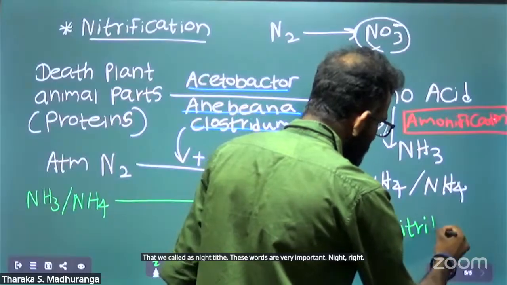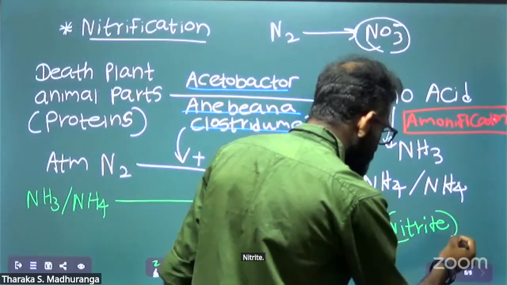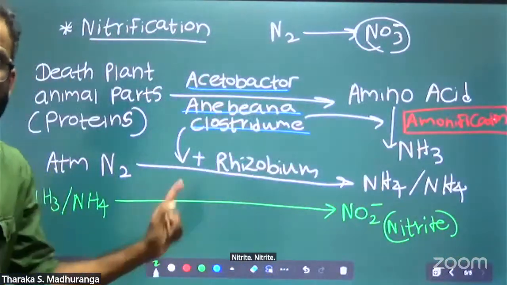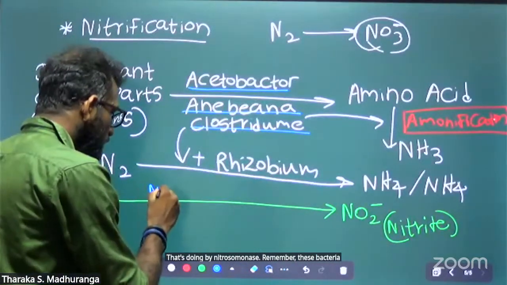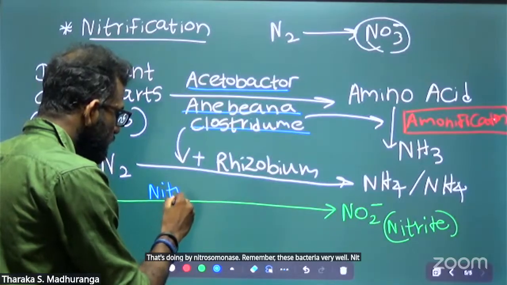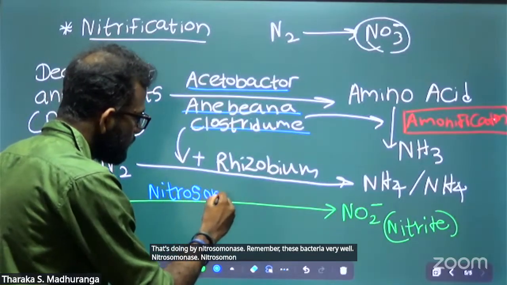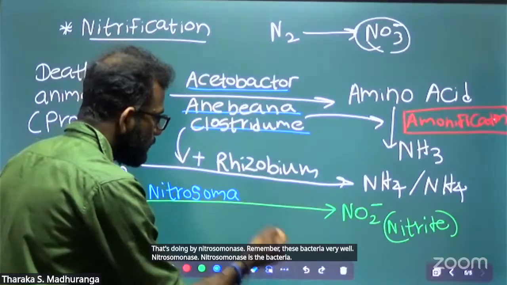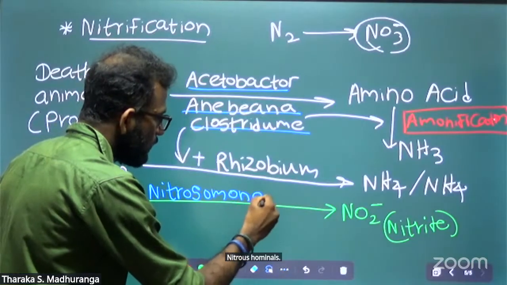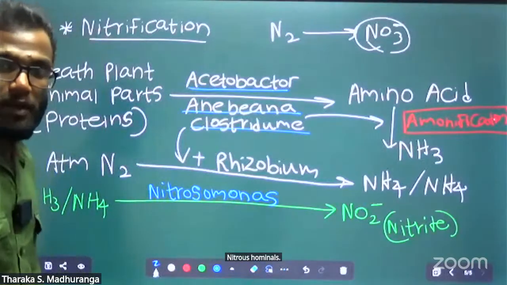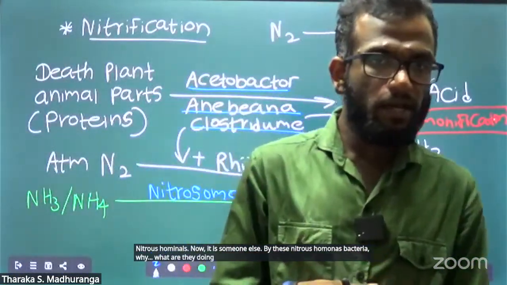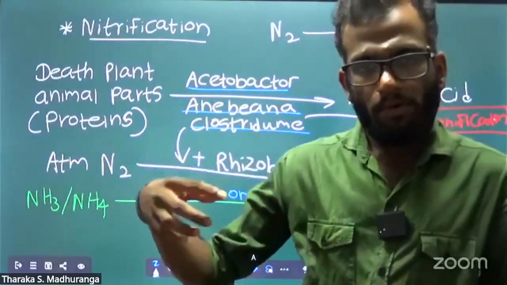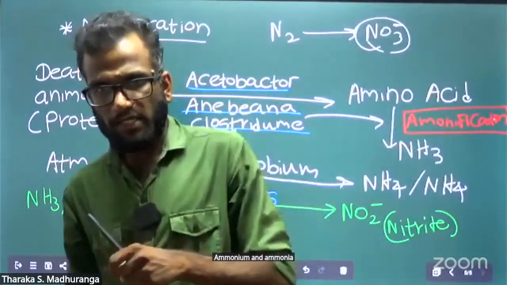Nitrite. That's done by Nitrosomonas. Remember this bacteria very well. Nitrosomonas is the bacteria. By these Nitrosomonas bacteria, ammonium and ammonia convert into nitrite.